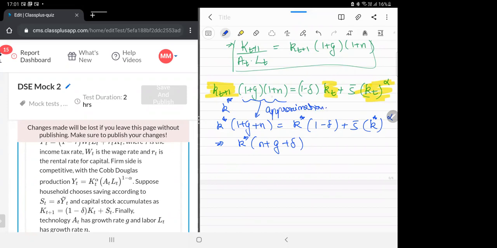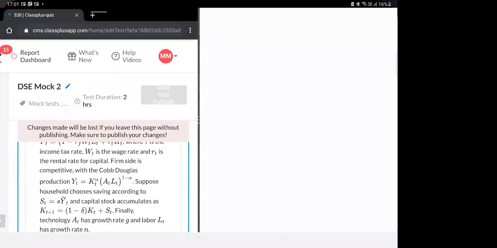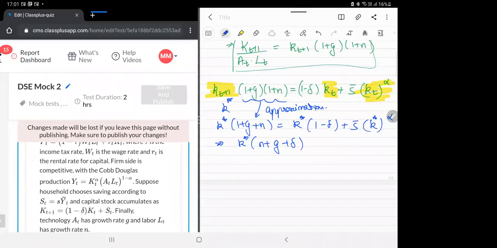Ideally, (1 + g)(1 + n) would be 1 + g + n + ng, but I'm using an approximation here. I'm using ng equal to 0, because g and n are small quantities like 0.1 or 0.02, so n times g will be almost 0.